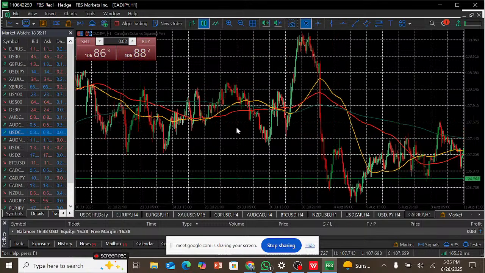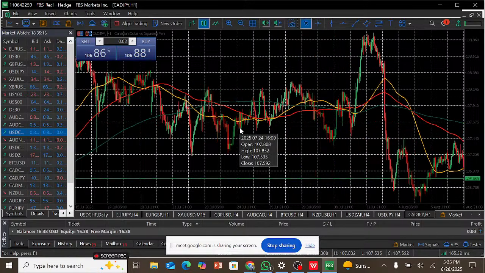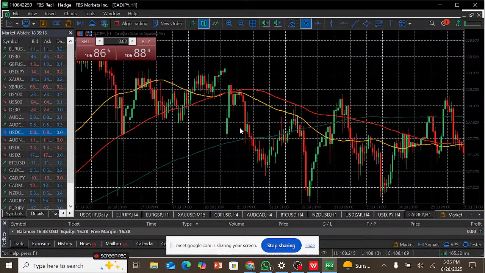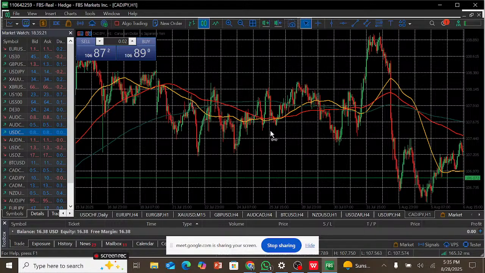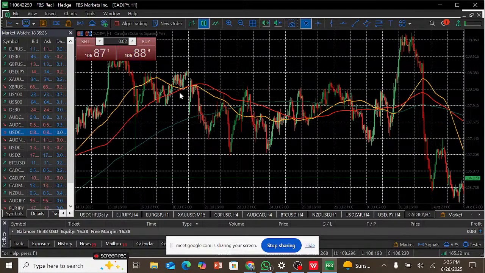Okay. For example, here we have a certain situation of the market move, and when you look very well, there is an interval that this market has been moving in between.